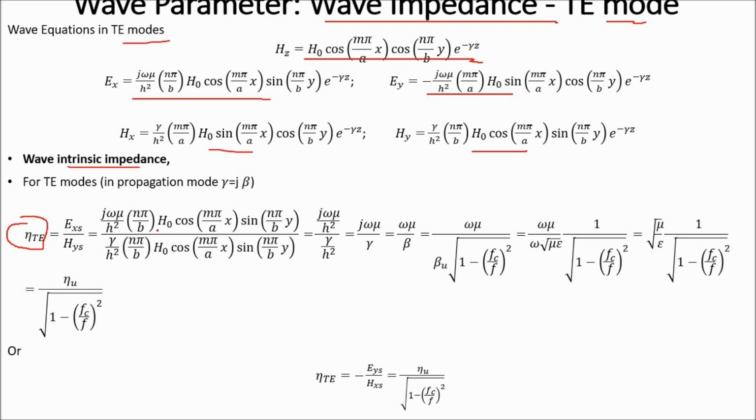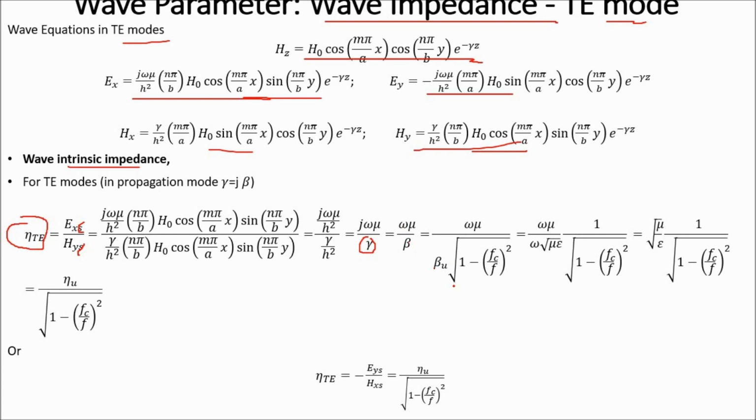So the x component of the E field and the y component of the H field. If we plug in these values in the frequency domain, you can drop this s. So you get j omega mu over gamma, and gamma is equal to j beta. Then cancel out this j, you will get omega mu over beta.